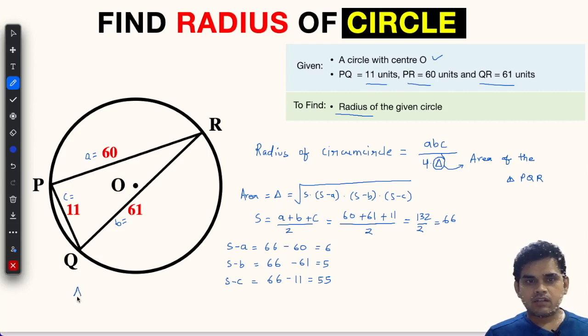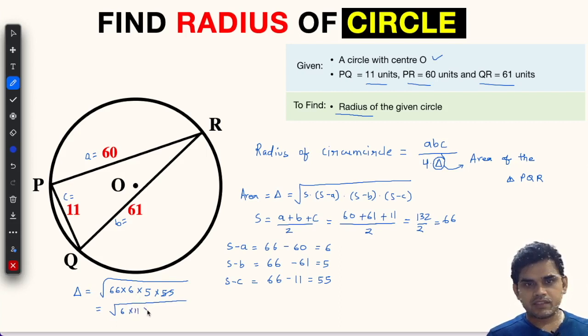So the area of triangle PQR will be S, that is 66, multiplied by S minus A, that is 6, multiplied by S minus B, that is 5, multiplied by S minus C, that is 55, and everything is in square root. Now if we solve this, no need to use a calculator. In fact, 66 can be written as 6 times 11.